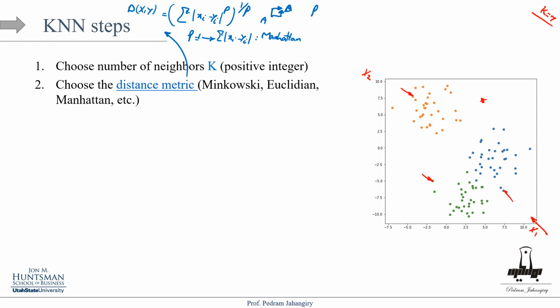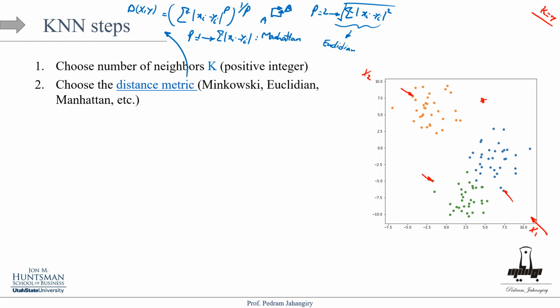The summation of xi minus yi to the power of 2, and the entire thing to the power of 1 over 2, which is the square root. This is our Euclidean distance, the L2 norm. So let's call it Euclidean.